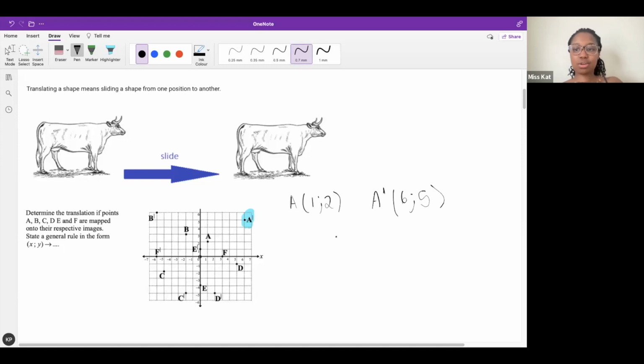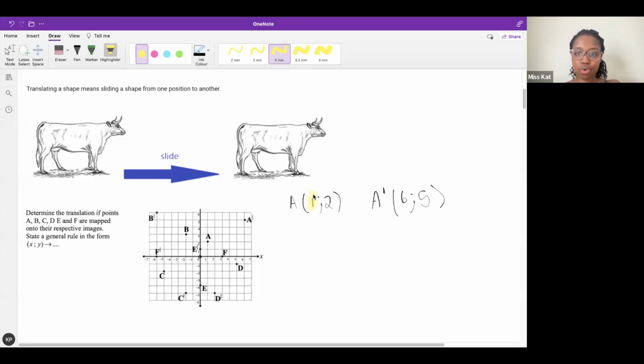Now, let's talk about the coordinates for A. Between 1 and 2, which one is the X coordinate for A? Which one is the X coordinate for the point A? It's the 1. Thank you very much, Tando.